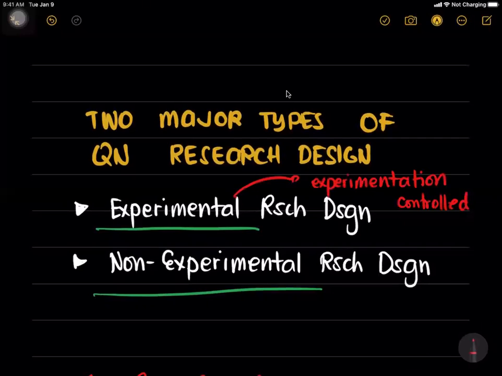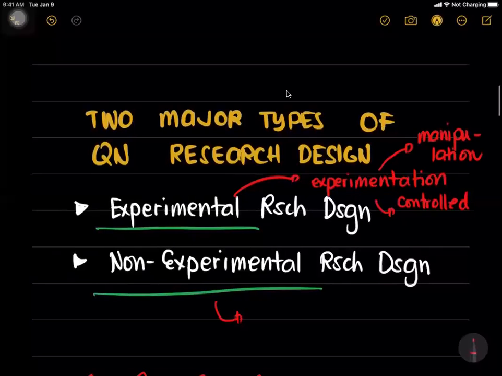The type of strategy that we have here is more controlled. The researcher can really do a lot of manipulation. Yes, that is also another important term that we can associate with experimental research design. So there's manipulation, experimentation, and it is highly controlled.